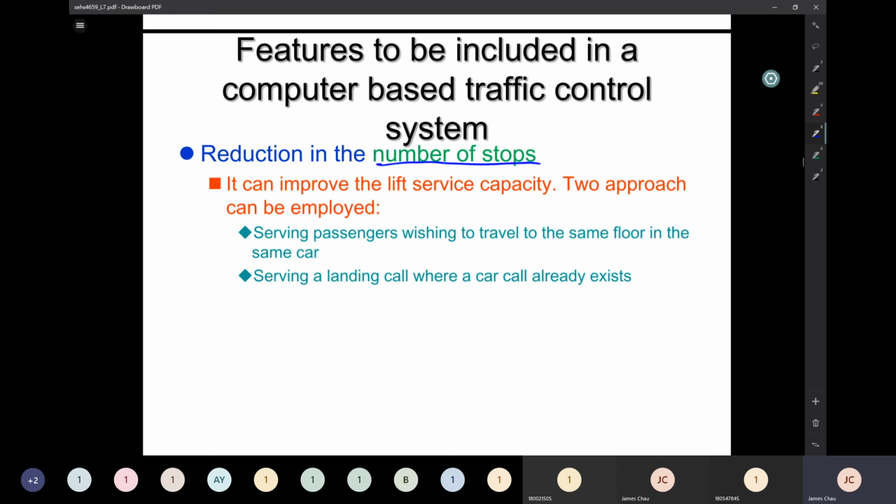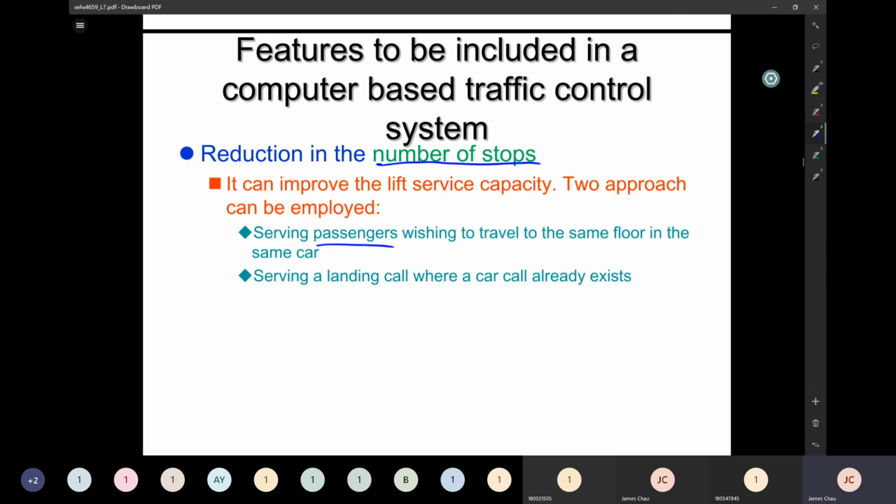We can do this with two approaches. We can group the passengers who wish to travel to the same floor, so that we minimize the number of stops.